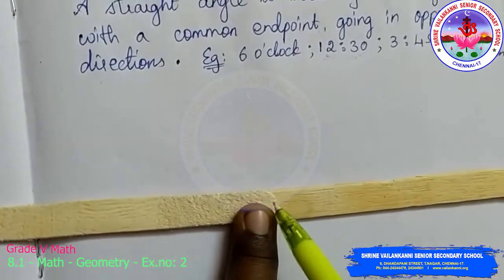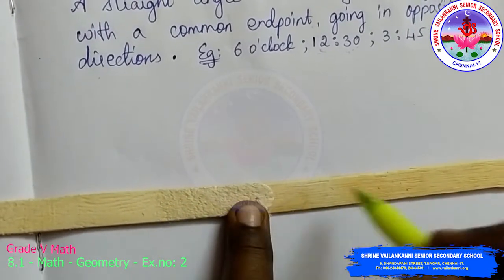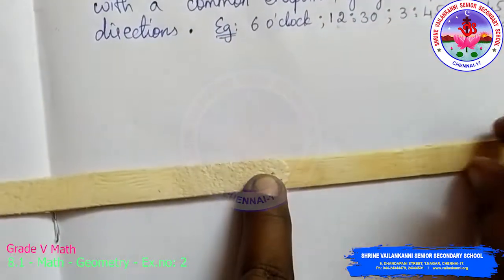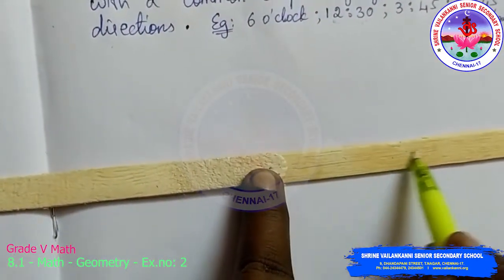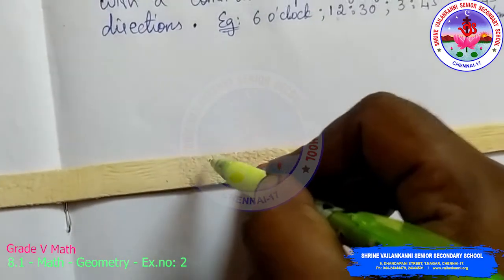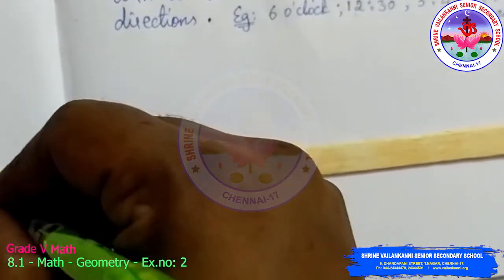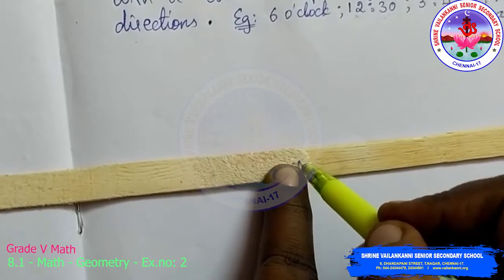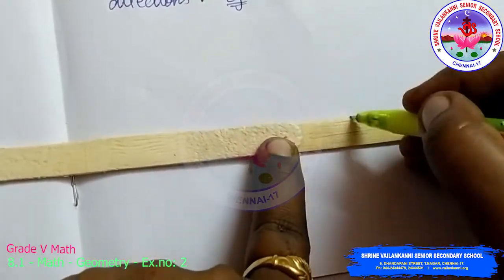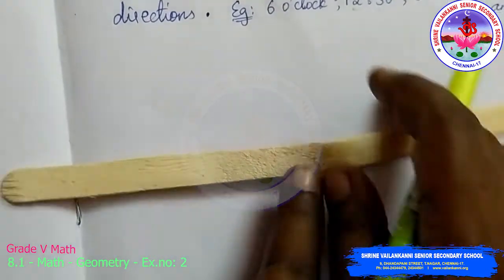You see, this is the point where these two rays are meeting and it forms a straight line. This ray keeps on moving towards your right side, and the second arm will move in the opposite direction in this way. So the angle formed by these two arms is said to be a straight angle.